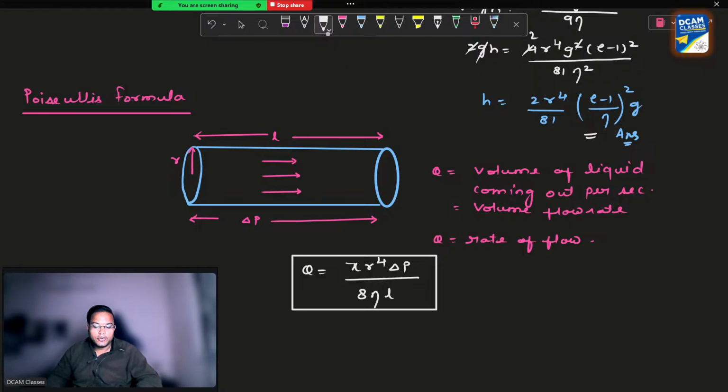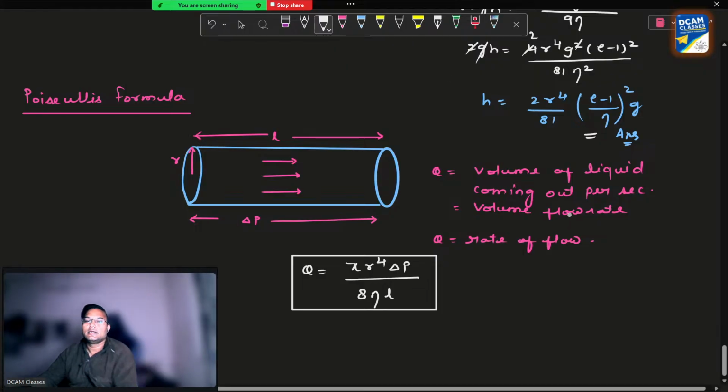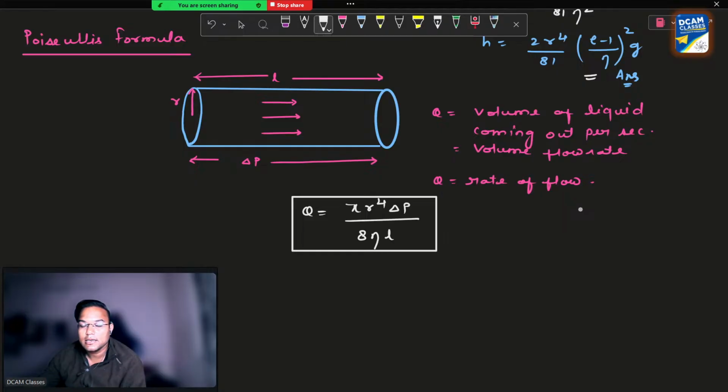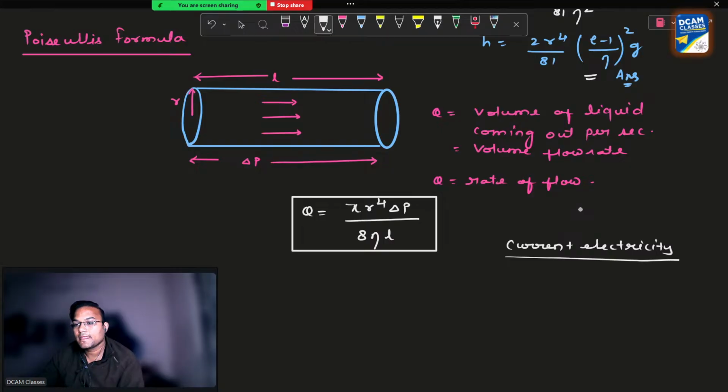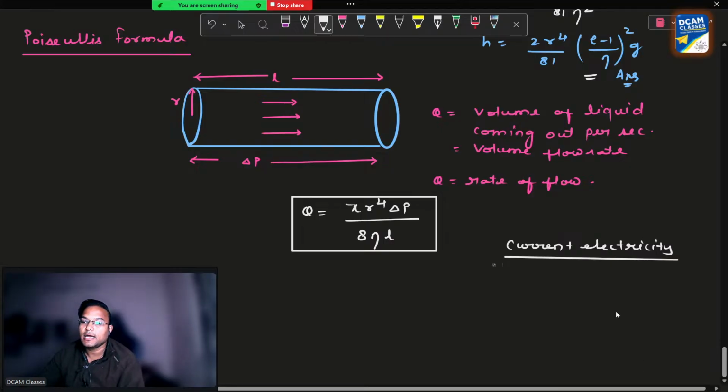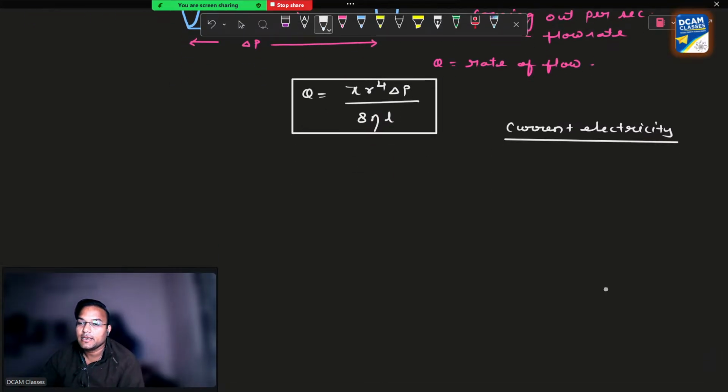Now, what I wanted you to remember in series and parallel, current electricity: whenever a series combination is there, two resistors are added end to end, R1 and R2.